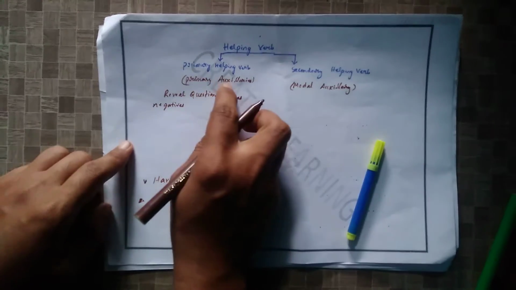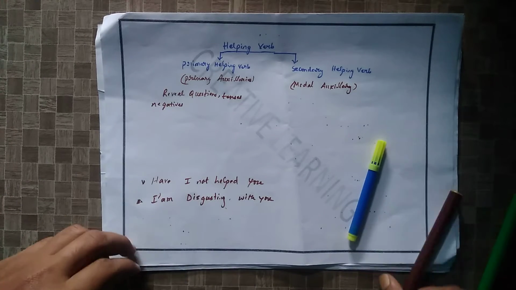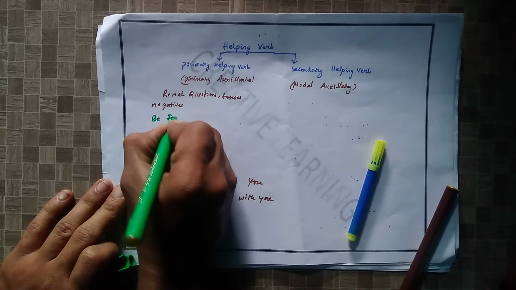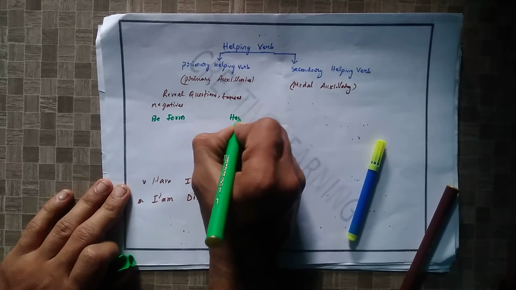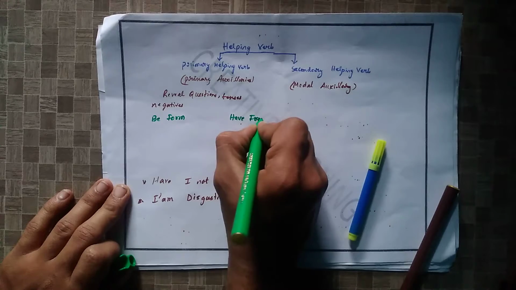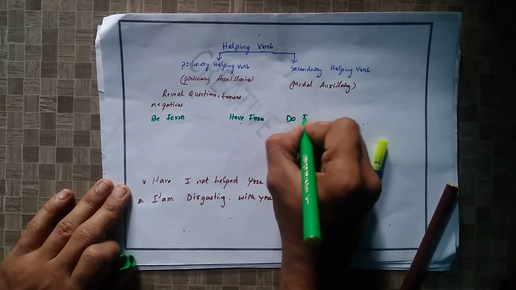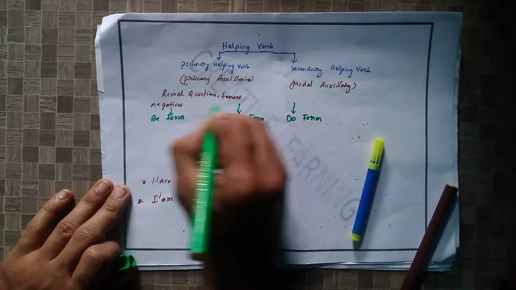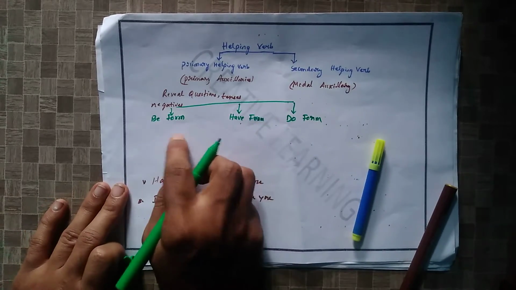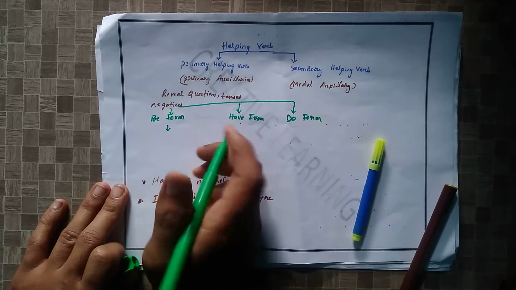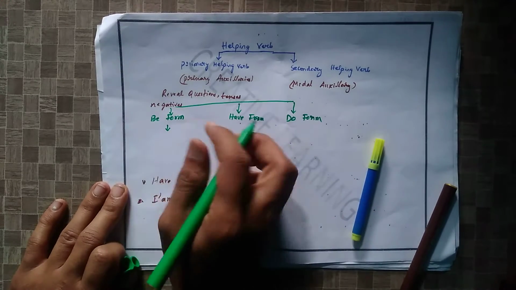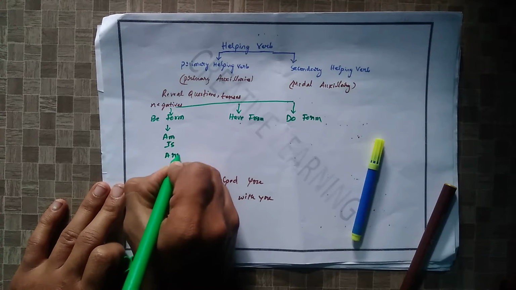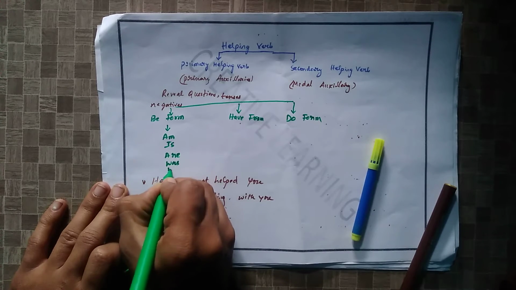Next, we discuss about types of primary helping verbs. First is be form, have form, do form. In be form, we have to use the words am, is, are, was, were.